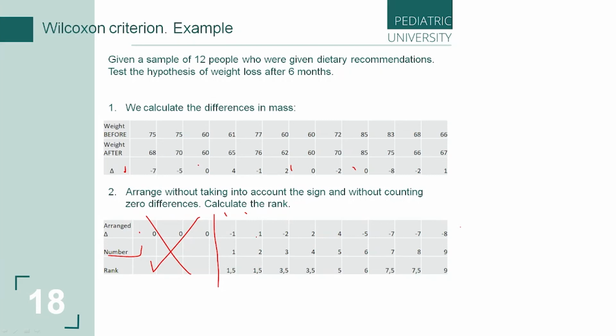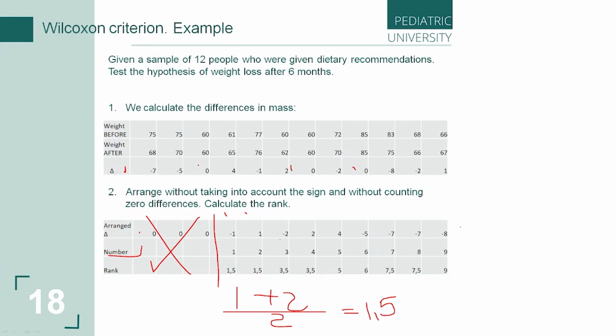For the same numbers, as we did earlier, we put the rank as the average value between the ordinal numbers. So 1 plus 2, because 1 and 1 are the first and second numbers, divided by 2 will be 1.5. So the rank of these numbers will be 1.5 and 1.5.